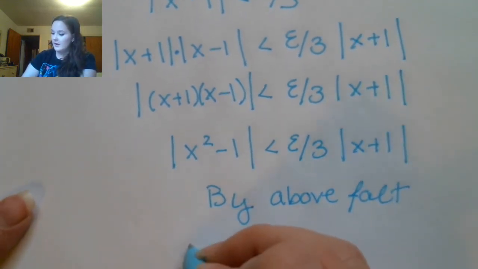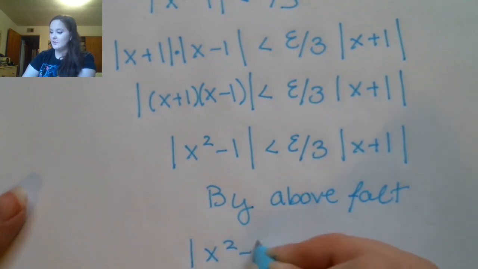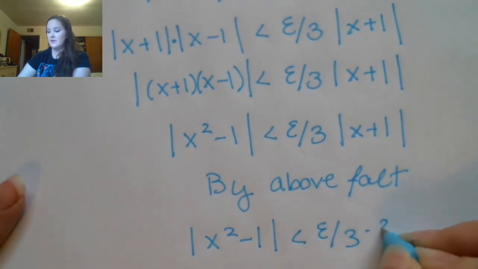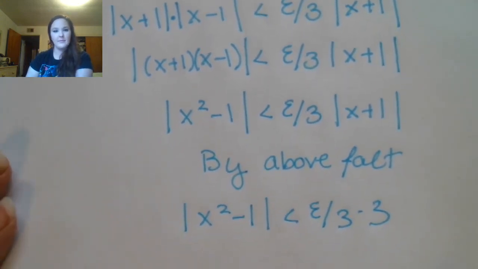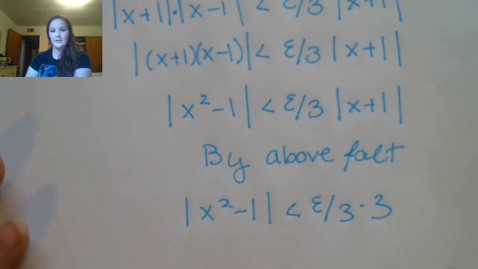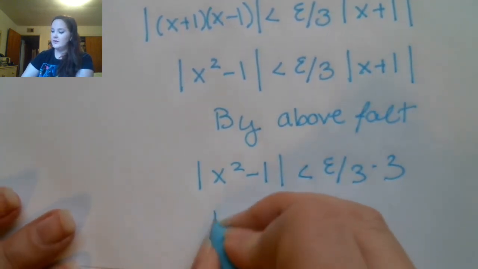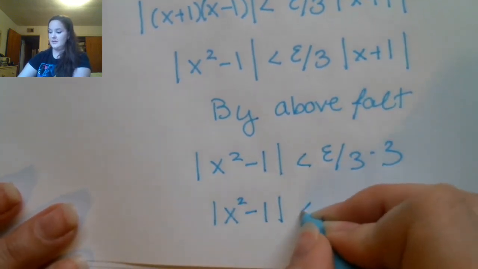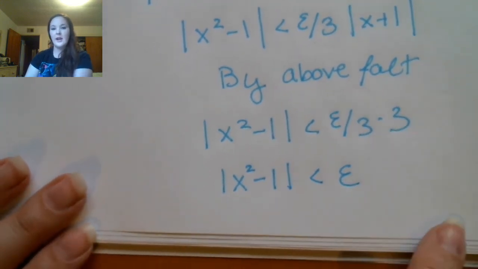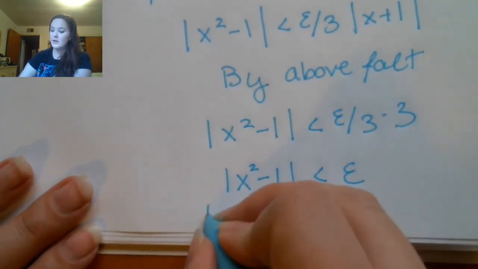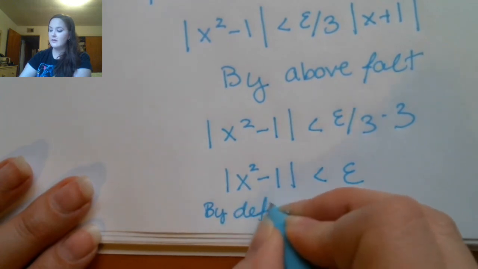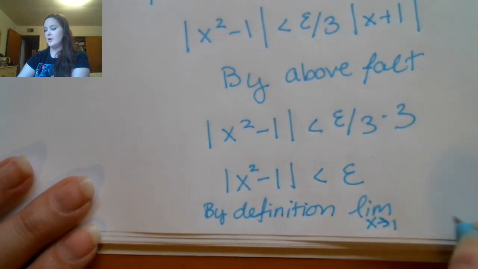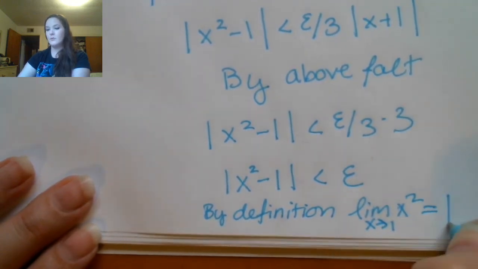This would mean that the absolute value of x squared minus 1 is less than epsilon over 3 times 3, which is epsilon. Now we're exactly where we want it to be, so we can conclude by definition that the limit as x approaches 1 of x squared equals 1.